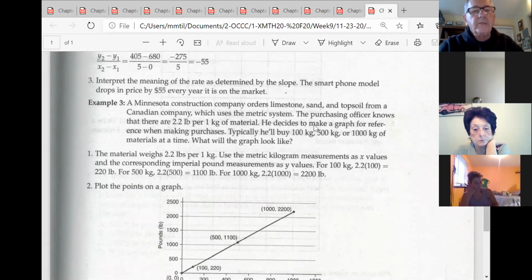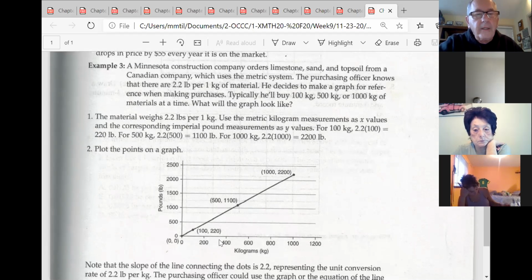Another example: a Minnesota construction company orders limestone. The person obviously knows there are 2.2 pounds per kilogram of material, and decides to make a graph for reference when making purchases. Typically, you'll buy 100 kilogram bags. What will the graph look like? He's got this graph of kilograms, the amount he buys. He's converting kilograms to pounds, knowing there are 2.2 pounds in a kilogram.